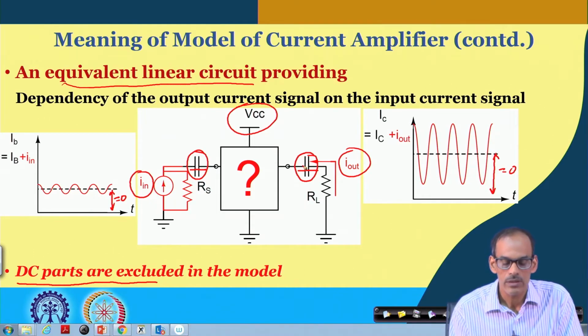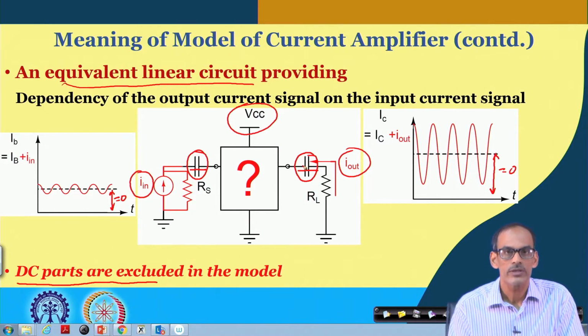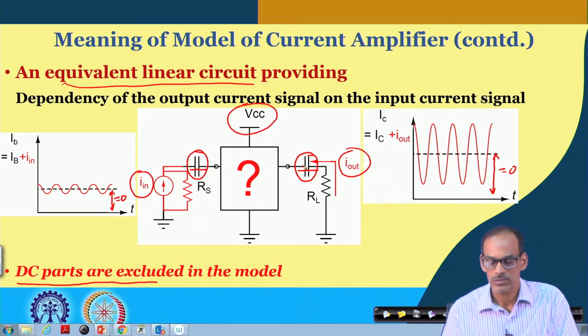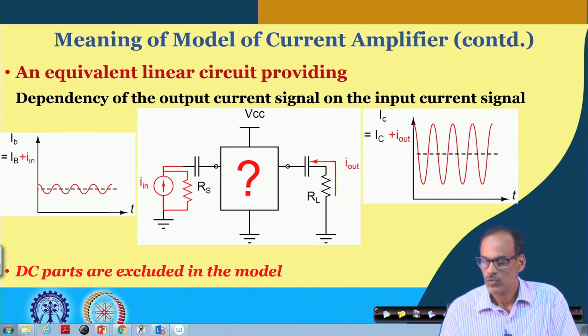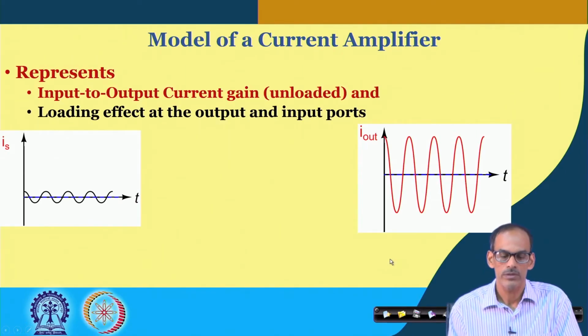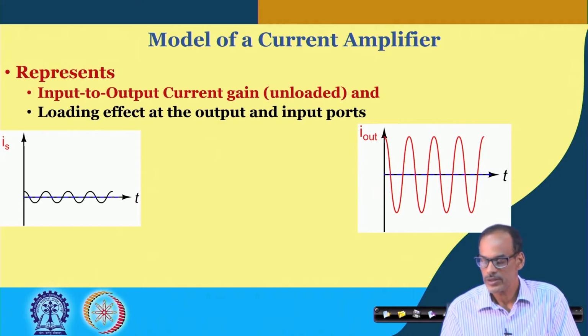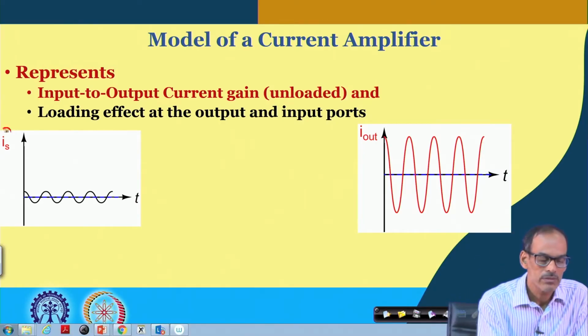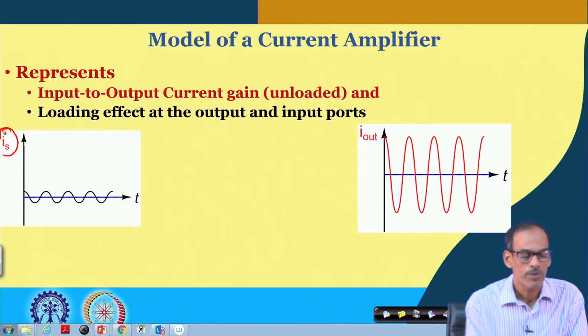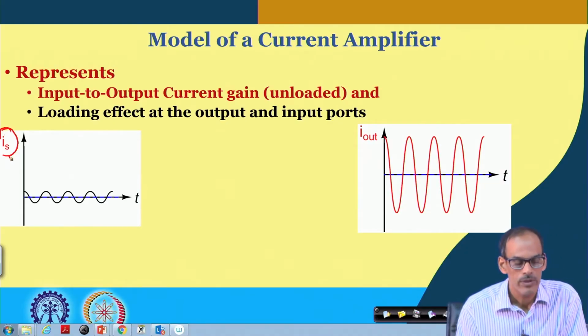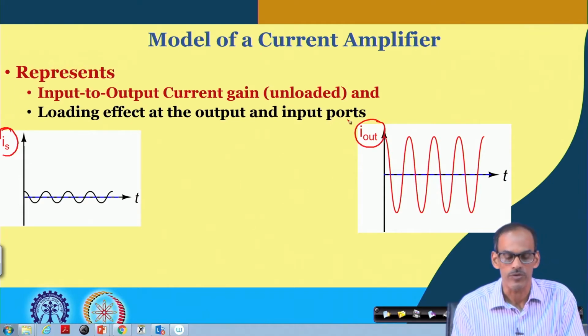Now, to see what the basic elements are in the current amplifier, let me start with a fresh slide. In the current amplifier model, we want the relationship between the primary input, called the source current, and the primary output.